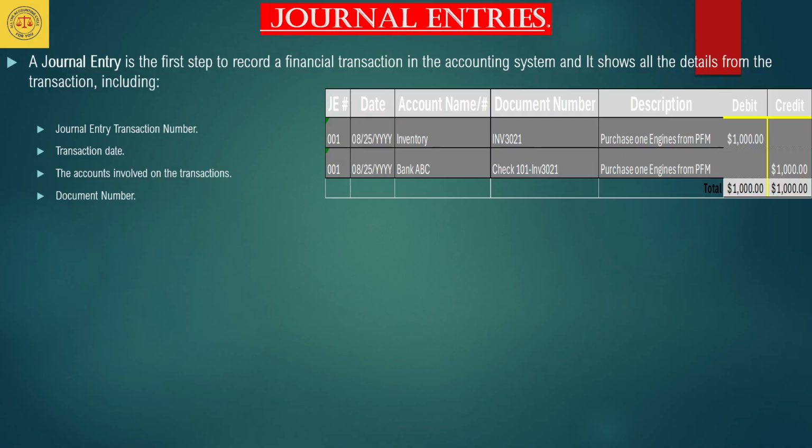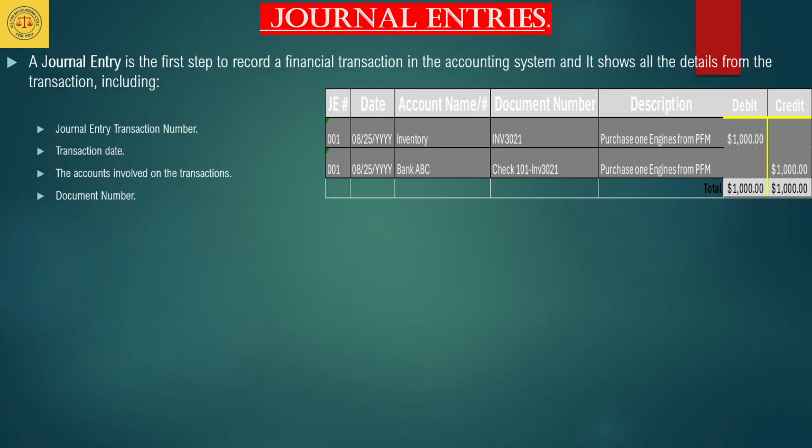Document number, of course, you have to put a document number, right? And right here we have a check number. I just put the invoice additional, but pretty much it's a check number. So that is going to identify the document that you pay and how do you pay, if that's the case.